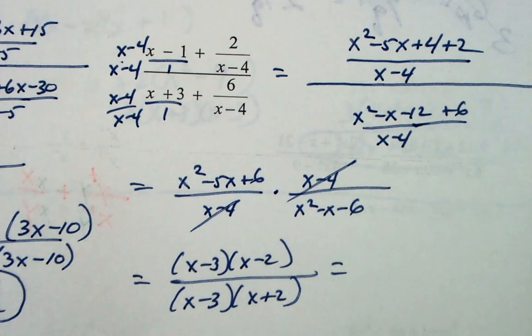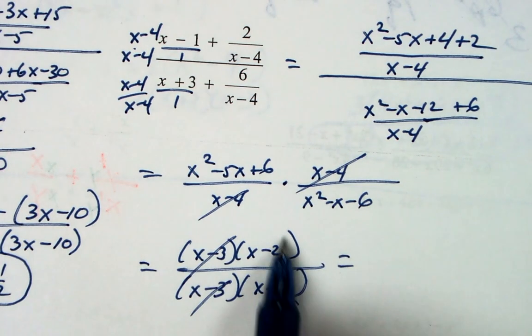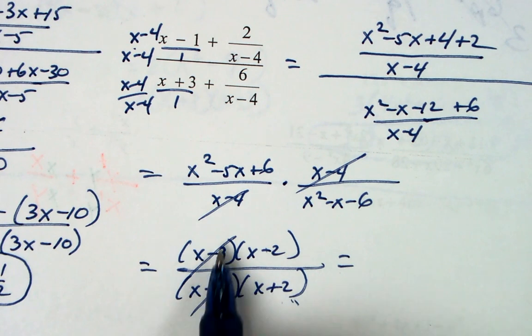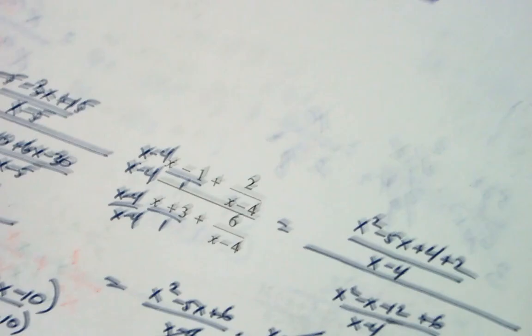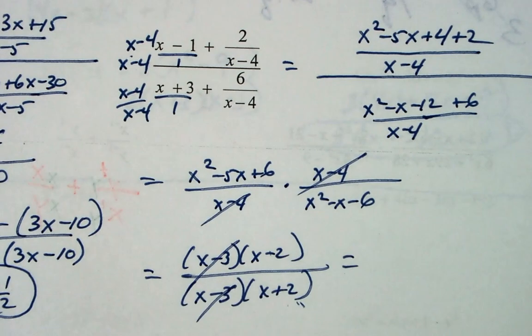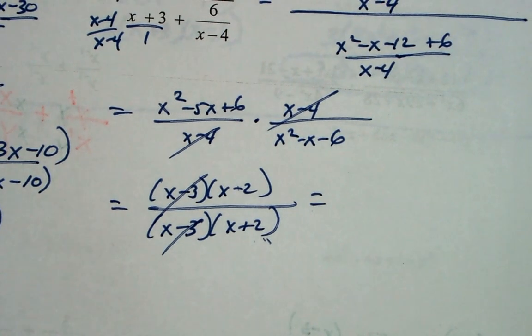And lo and behold, it'll cancel. Can I cancel my 2's? No. Can I cancel my x's? Yes. No. It's minus or plus. If there's minus or plus going on, I can't cancel.